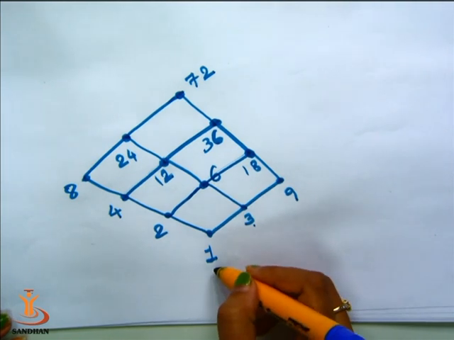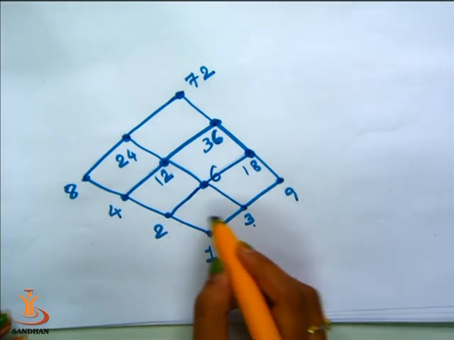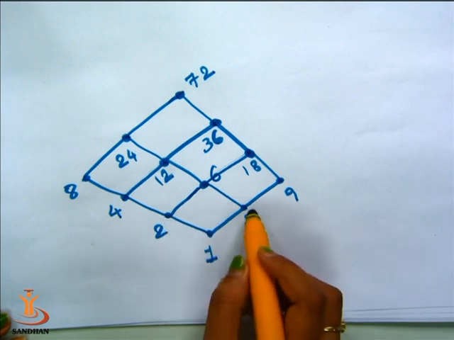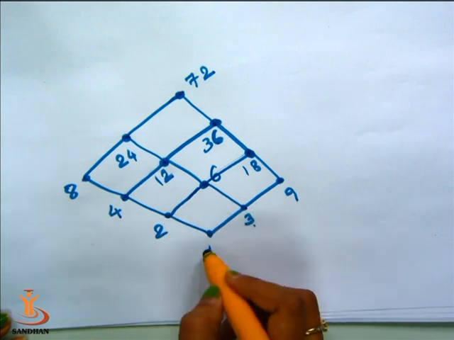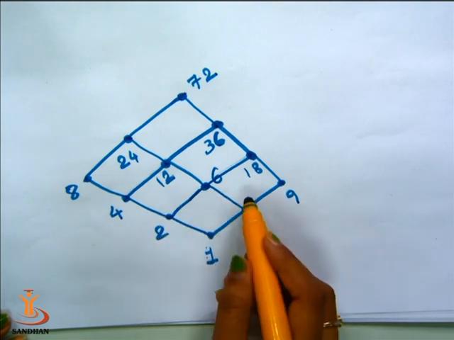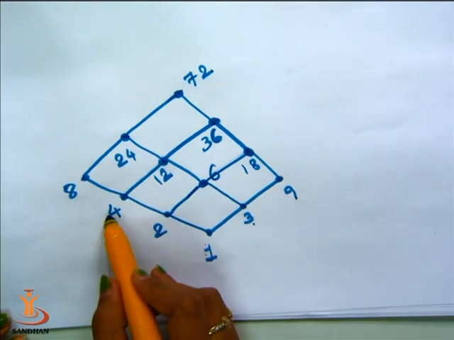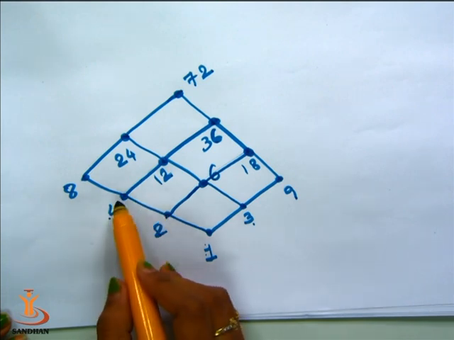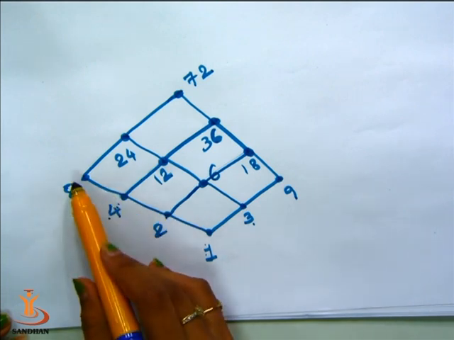So the least element is 1. Then the elements on the same height are 2 and 3 because both are not related to each other. 1 divides 2, 1 divides 3, we join 1 to 2 and 3. Next, 2 divides 4, so 4 is in a higher position, and 4 divides 8.